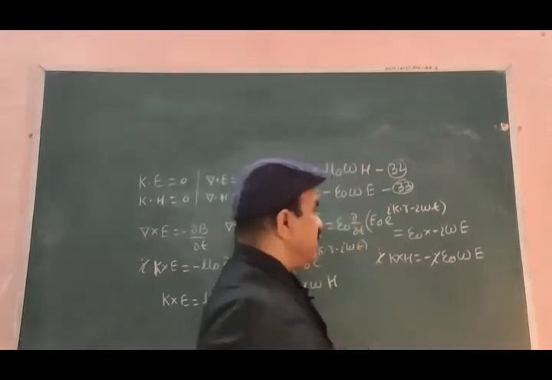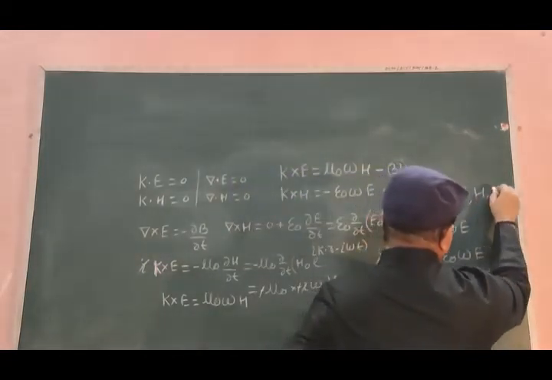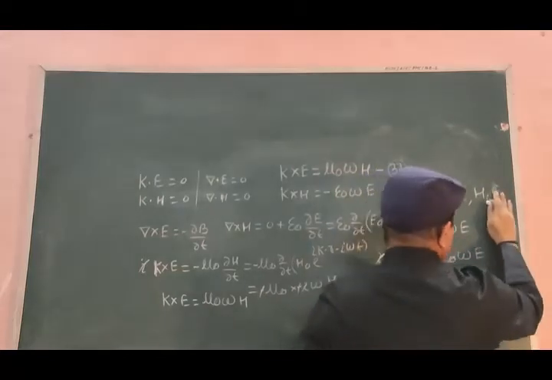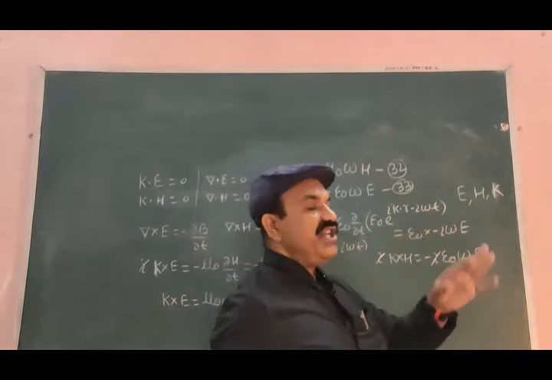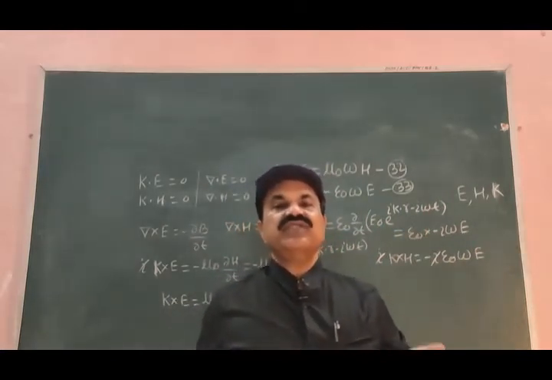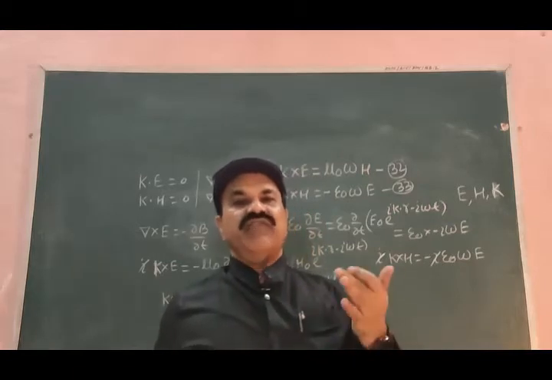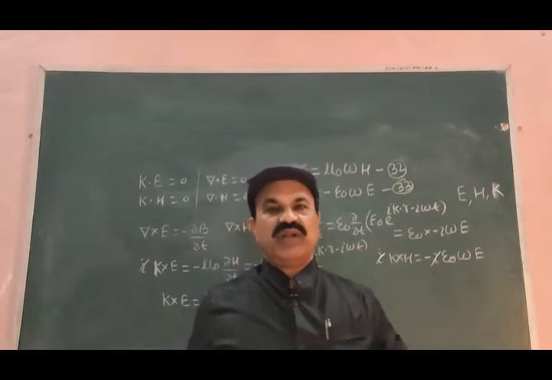It means that the vectors E, H, K form a set of orthonormal vectors, a set of orthogonal vectors.